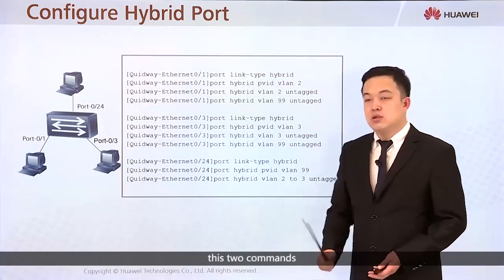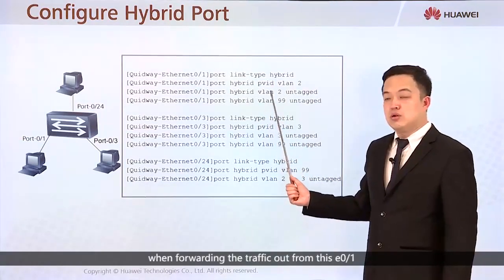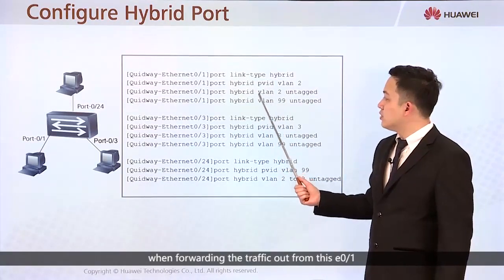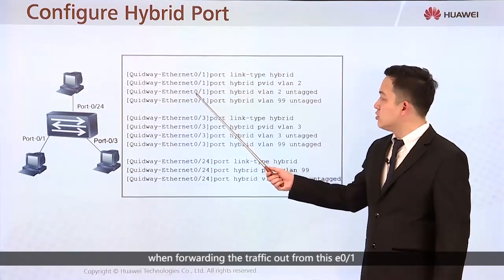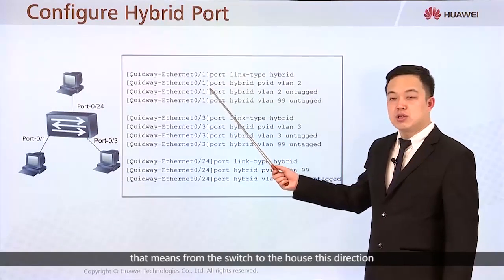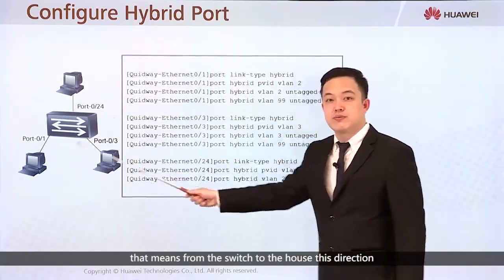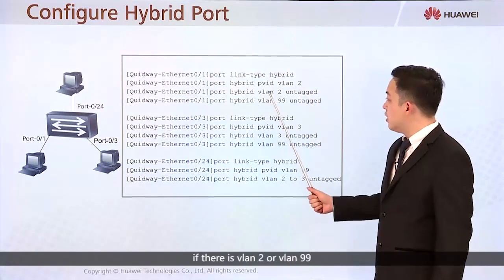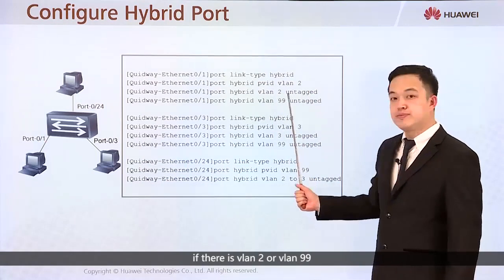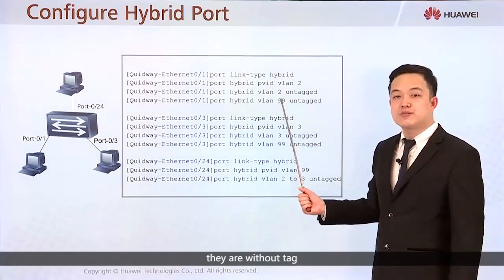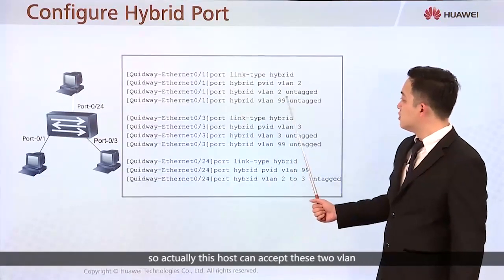That means these two commands apply to forwarding traffic out from this E01, that is, from the switch to the host. If there's VLAN 2 or VLAN 99, they are sent without a tag. So actually, this host can accept these two VLANs.